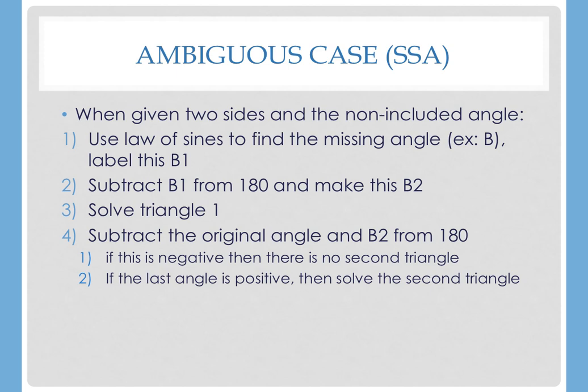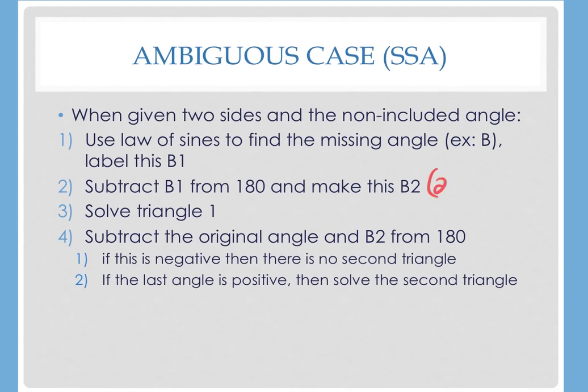Then to create our second triangle, this is where the second triangle comes from, I take the original angle I just found and I subtract it from 180. I'm finding its supplement. I'm going to continue to solve the first triangle. If I get an error, that's when I would have no triangle, which you'll see an example of each of these. And then I will go back to the second triangle and I will finish out that second triangle.